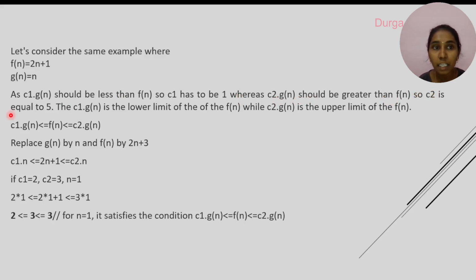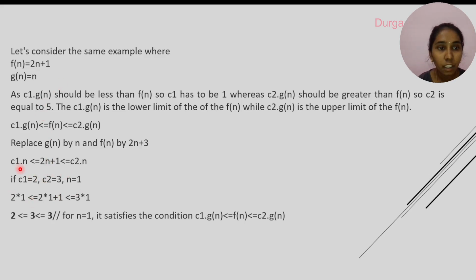So C2 equals 5. We are just taking constant values. I am taking C1 as 1, C2 as 5. You can take any values also. But this condition should be true. C1 value is 1, C2 value is 5, and n value is 1. So implement this one.